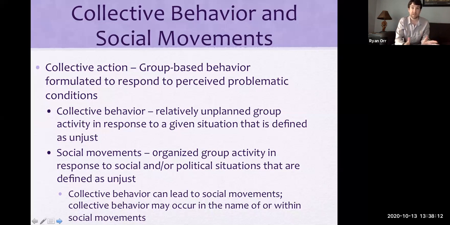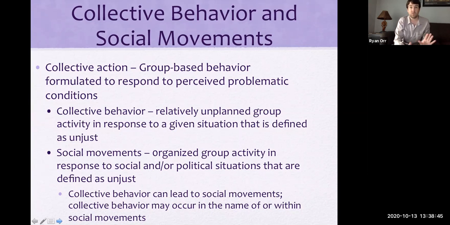So within this collective action, we can distinguish collective behavior and social movements. So basically, how we distinguish the two is based upon the idea of organization and formalization. With collective behavior, we say it's relatively unplanned, spontaneous group activity in response to a situation that again is defined by people as unjust.